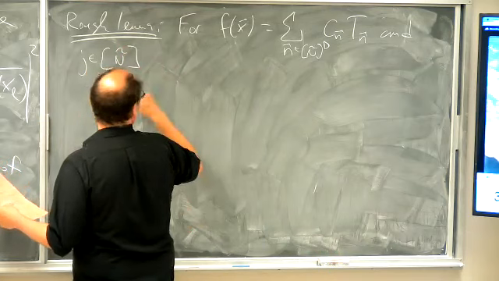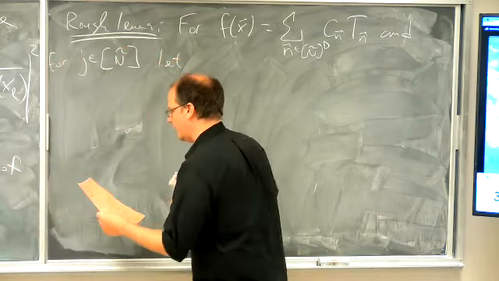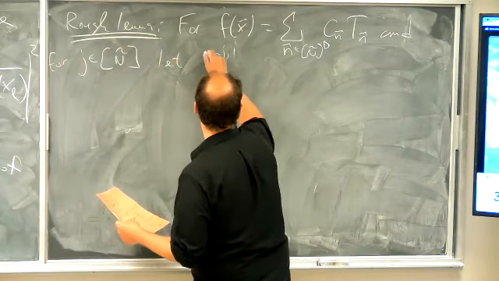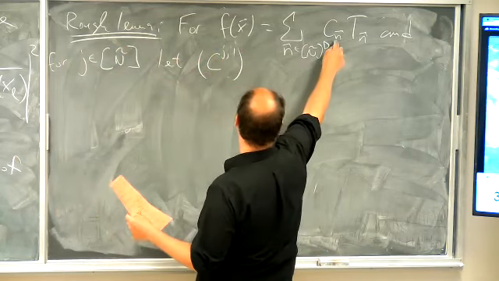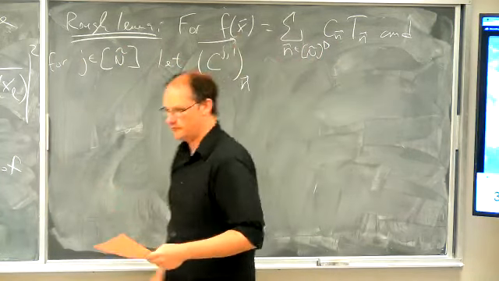Let C J1 be a particular vector, which is going to be a restriction of C. Right, so some vector up here.